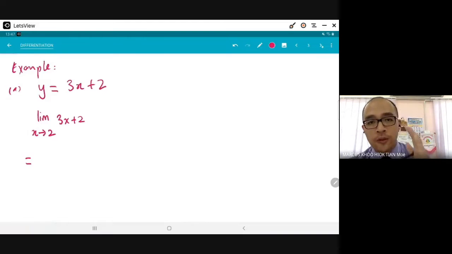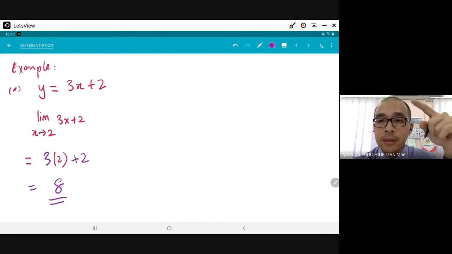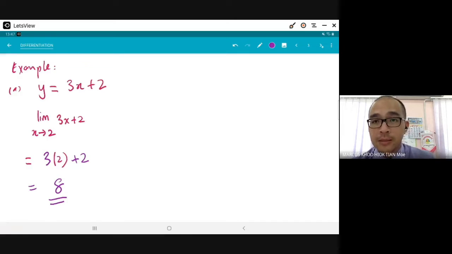The best way to find the limit is you substitute the value of 2 into x. So it will be 3 times 2 plus 2. So the limit is 8. Means semakin lama x mendekati nombor 2, the 3x plus 2 akan mendekati nombor 8. That's what it basically means.